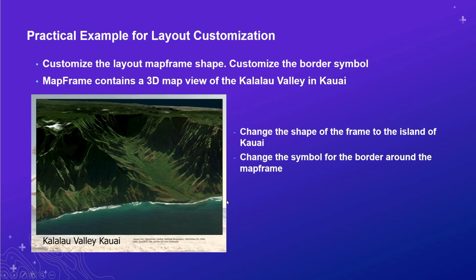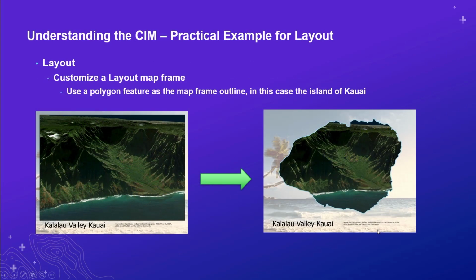So this is the layout that I started out with. I just used the standard tools to do this, but the customization I can't do out of box, so I gotta use the CIM. So what I want to do is utilize the CIM layout, customize the layout map frame, and use a polygon feature as the map frame outline.